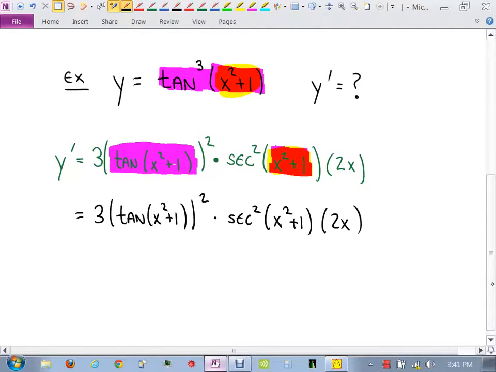I mean, the other way to have done this problem is to have done the table, right? So look at this, don't write on these boards. The table would have been like y is equal to square root of u. u is equal to sine of v. v is equal to x plus x cubed.